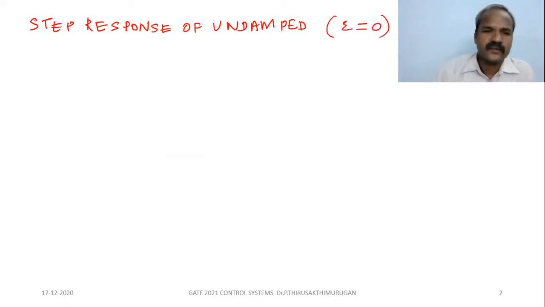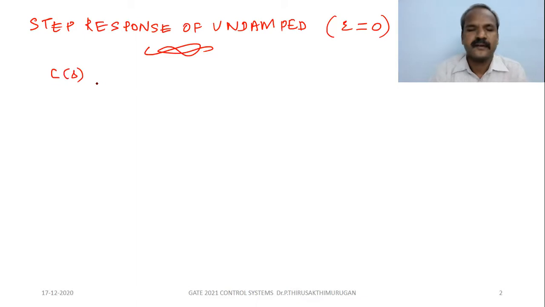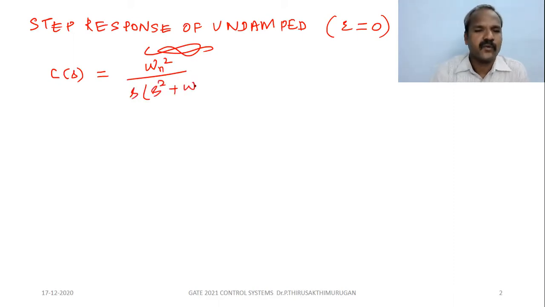Okay, so we know that C of S by R of S, so C of S equal to R of S into G of S, right? So what is C of S? Omega n square divided by S into S square plus omega n square.